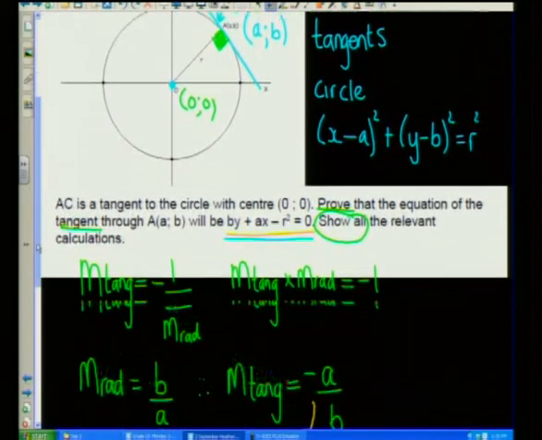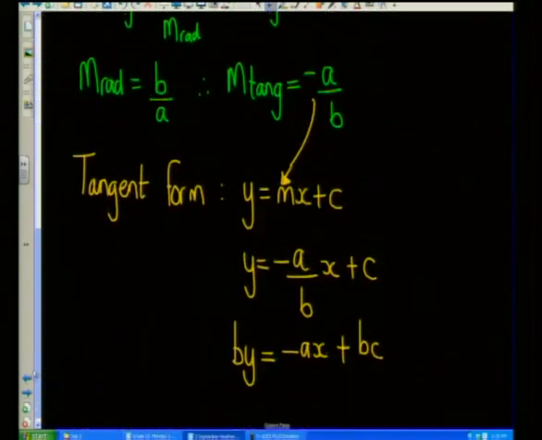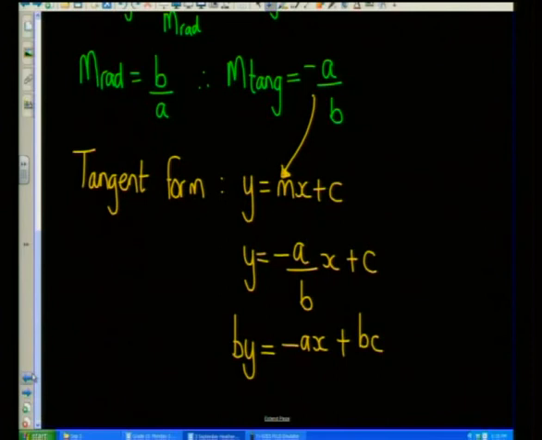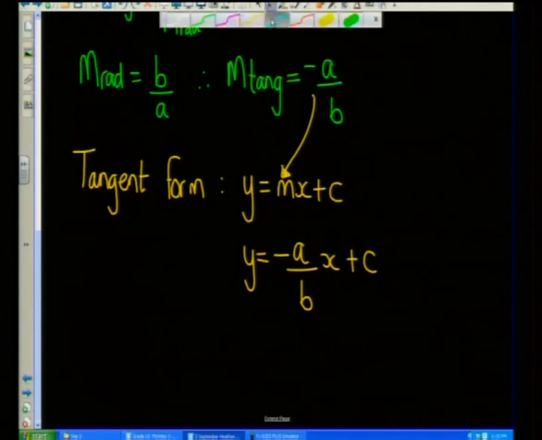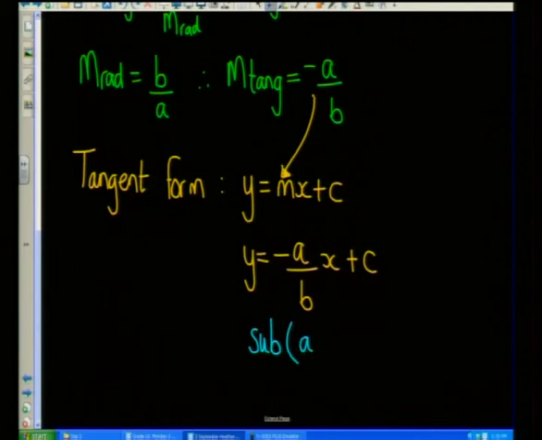So let's see what happens if we sub it in. For the moment, I'm going to take this away because it didn't get us to where we needed to get to. We are now going to do the most reasonable thing, which is to sub in the point AB, because it lies on the tangent.